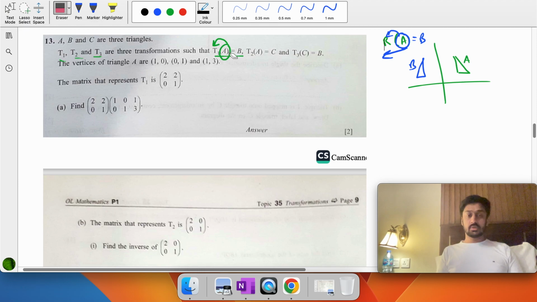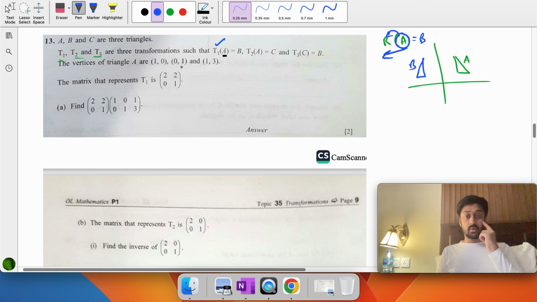Now look at this question. It says on triangle A, you applied T1 and it became B. And on A, if you apply T2, whatever T2 is, it became C. On C, if you apply T3, it became B. The vertices of triangle A are already given. The matrix T1, now one by one, the examiner started with T1, is given 2, 2, 0, 1.